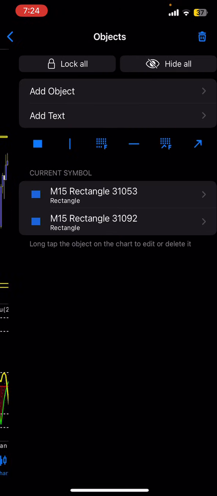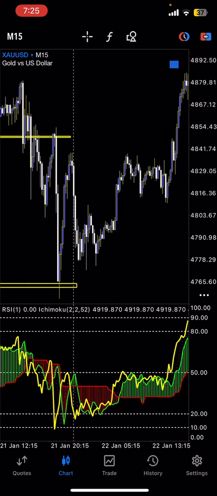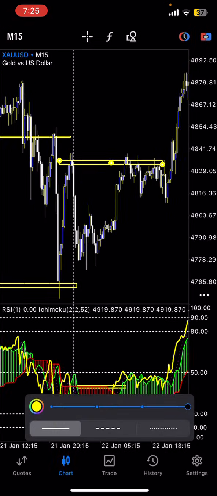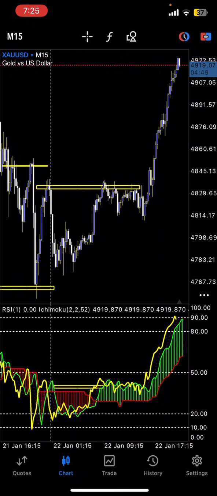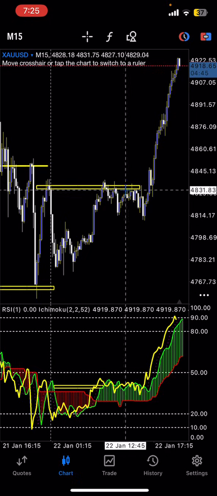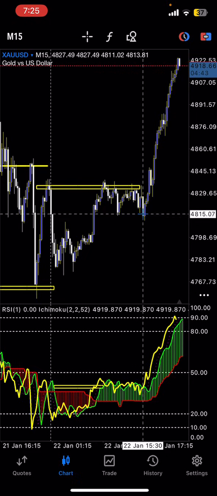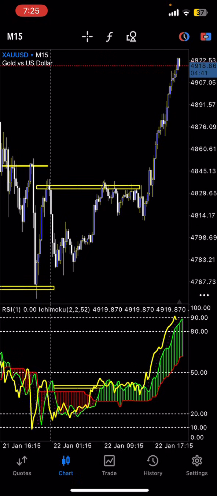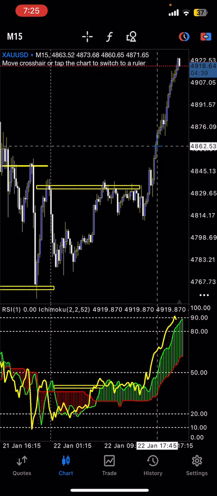You can see this was the resistance, and then here this is our resistance. So it breaks, and then once it breaks, look, today a lot of people were selling, but we were focusing on buy. You can see price went all the way up.